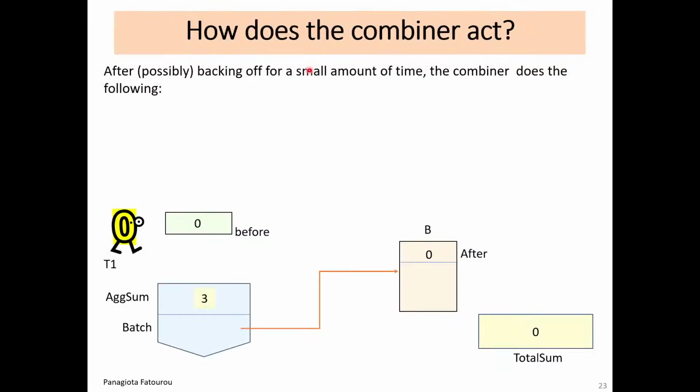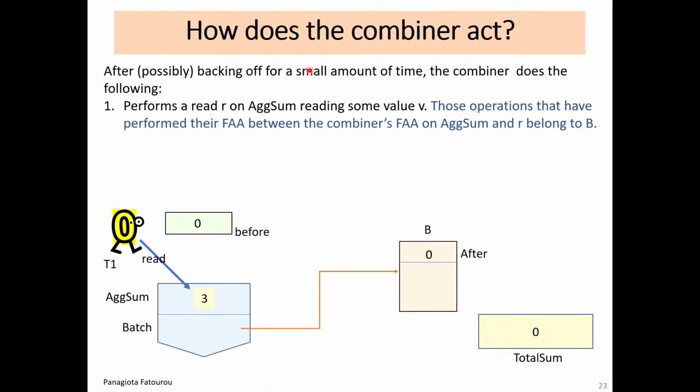The combiner, after possibly backing off for a small amount of time, does the following. It performs a read R on AgSum, reading some value V, in our example 3. The operations that have performed their hardware fetch and add on AgSum between the combiner's hardware fetch and add on AgSum and R belong to B. So all these 3 operations that I presented previously.